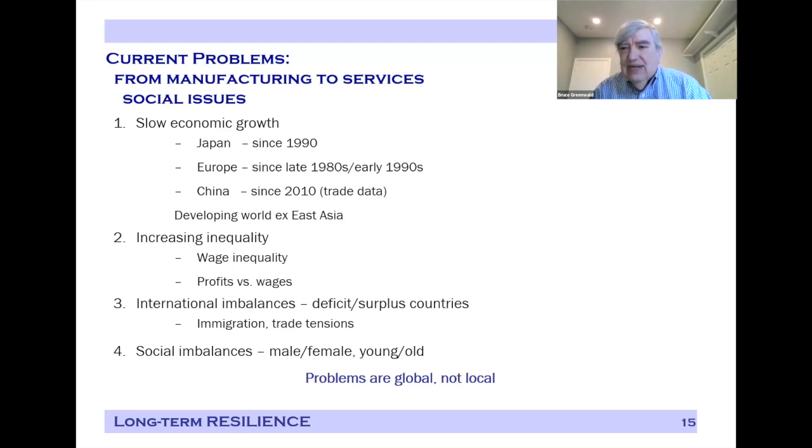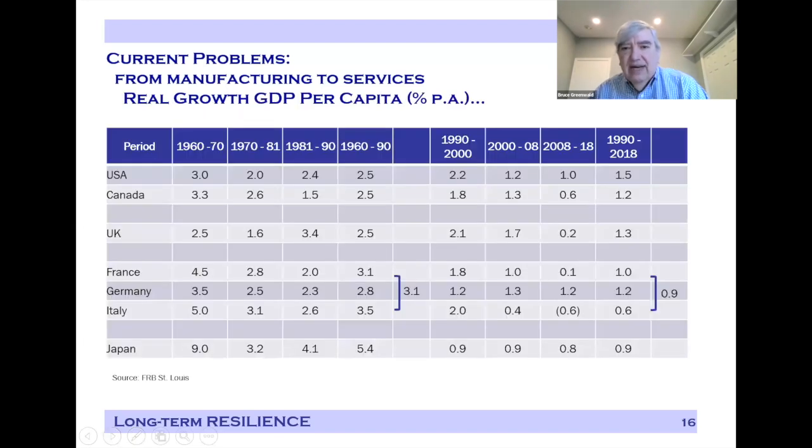So you're not going to export your way out of the problem. And then there are these social imbalances that I think are behind a lot of the tensions that are out there today. And also, again, these problems are global. They are not local.